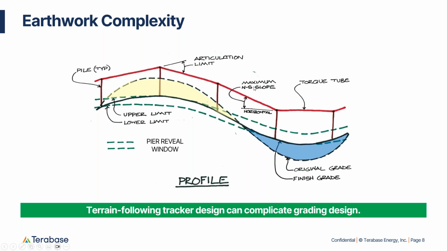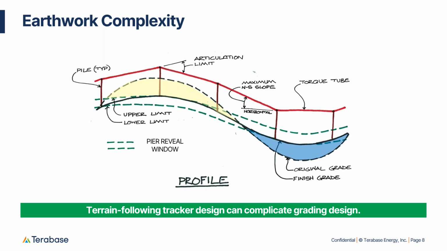We've also got the maximum north-south slope, or the maximum torque tube slope, and this is the angle between any particular torque tube bay and the horizontal line. And we're also showing the articulation limit, or as it's labeled in our software, the maximum torque tube slope change.